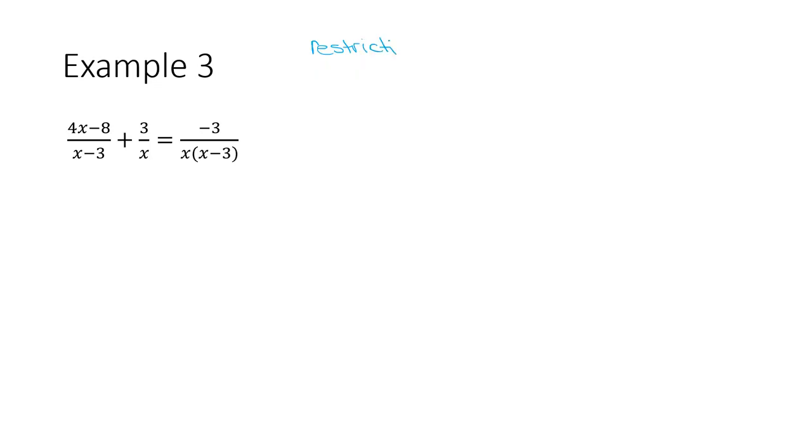This time my least common denominator is x times x minus 3, right? Because this is x minus 3, this is x. This is just putting both of those together. So just like if these were numbers, right? If this was like 2, 5, and 10, my least common denominator would be 2 times 5, which would be 10.